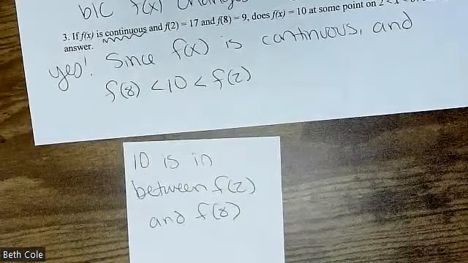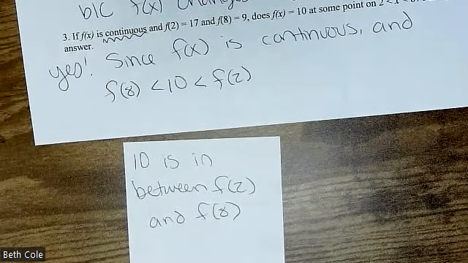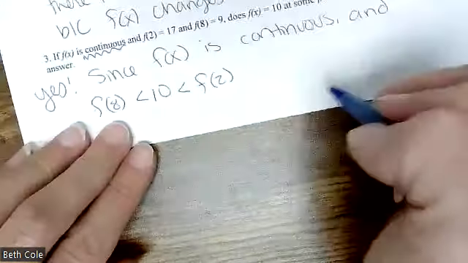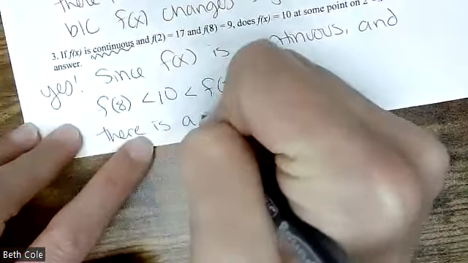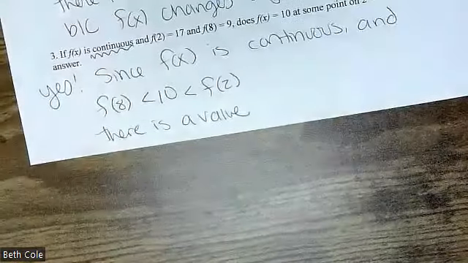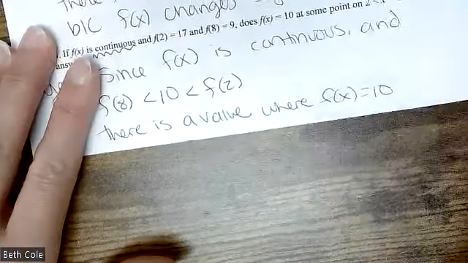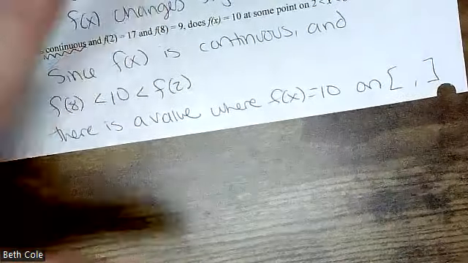Do you see what I'm saying? If you like words better than symbols, say that. It's a teensy bit more writing, but some people like this better. So now what's our big conclusion? Since all this is true, there is a value where f of x equals 10 on the interval where to where.